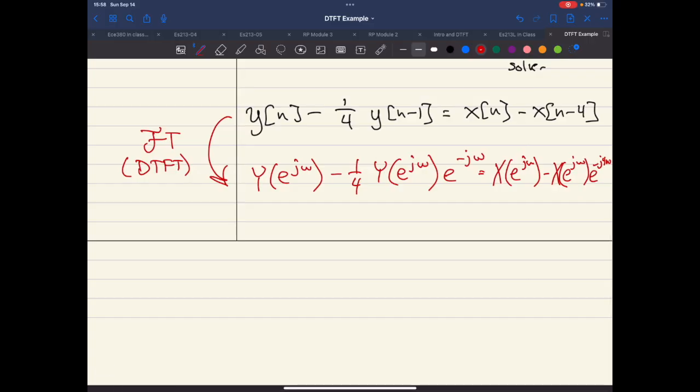Why don't we go ahead and collect some factors, factor out some things that might be useful here. So we have 1 minus a quarter, leaving behind a little phase shift there. And then X(e^{jω}), leaving behind 1 minus e^{-j4ω}.